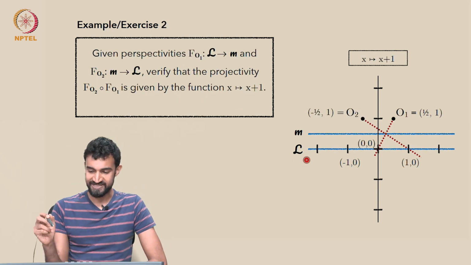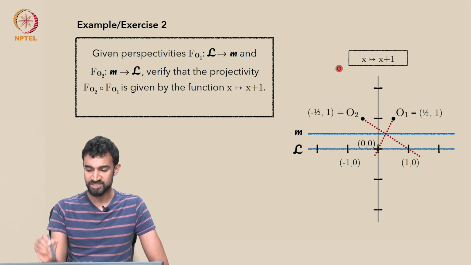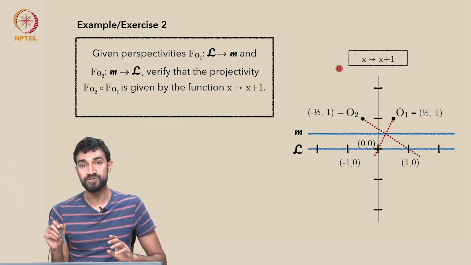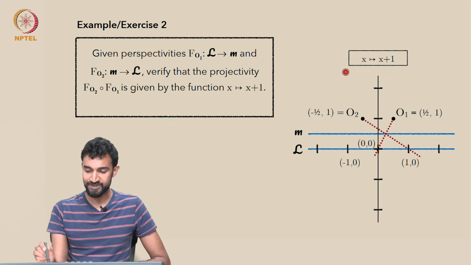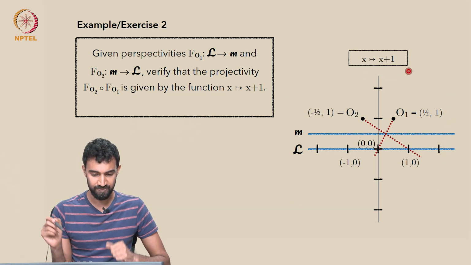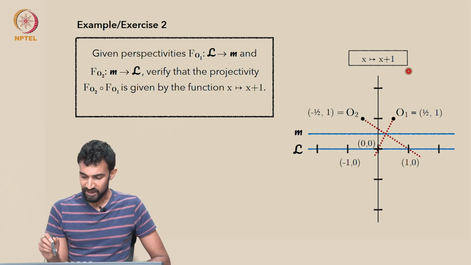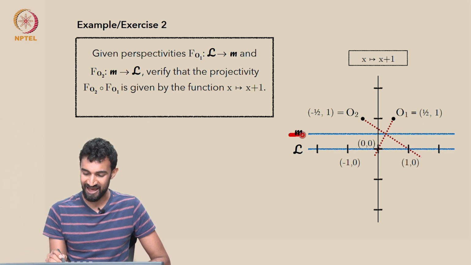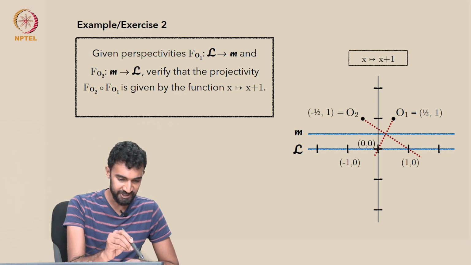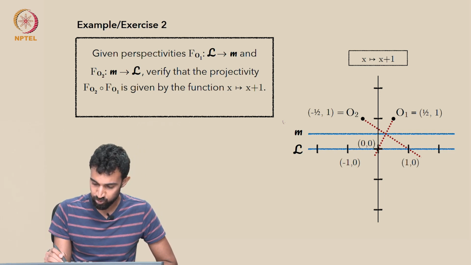Okay, let's look at a second example, this time of the function x goes to x plus 1. So let's first look at this construction here, which I claim represents this function x goes to x plus 1. So how to see that? Well, where is 0, 0 going to? O1 is pulling 0, 0 up to here. So by the way, M is once again the line y equals 1/2.